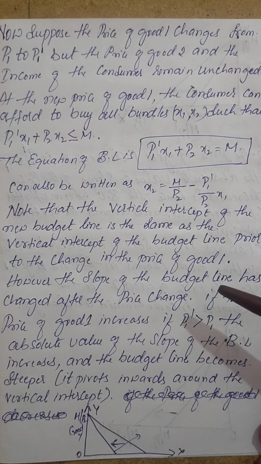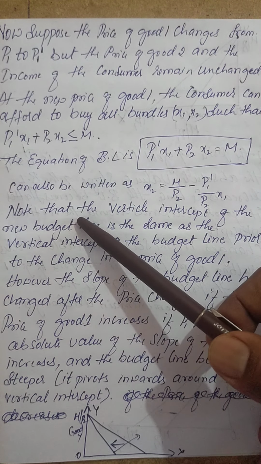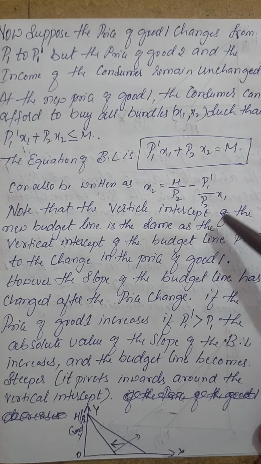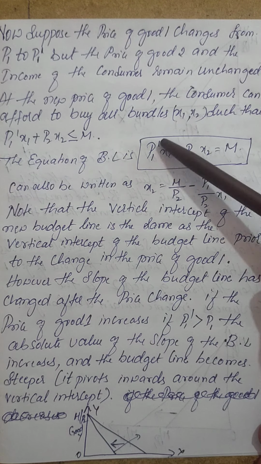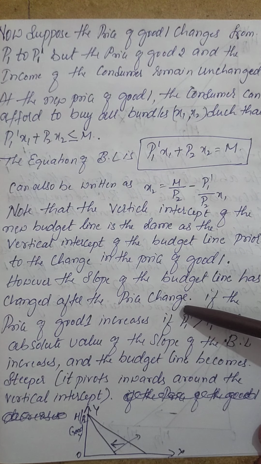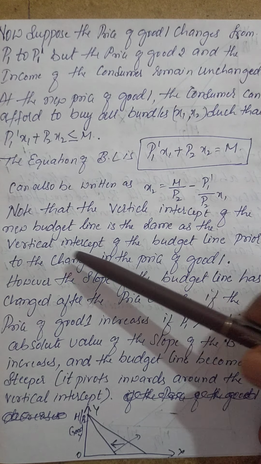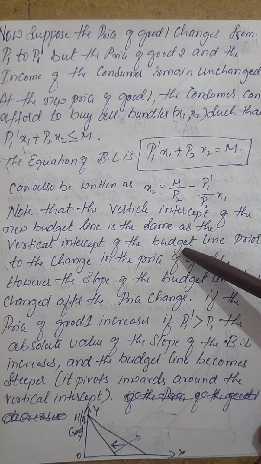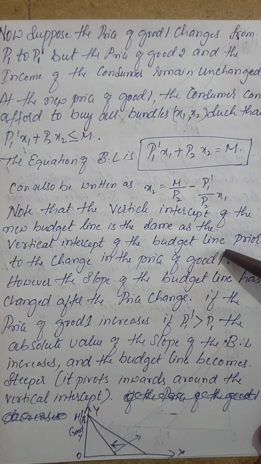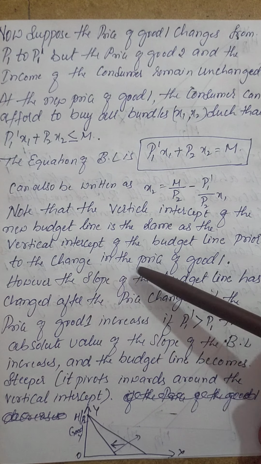Which new budget line? The one with P1 dash, the changed price. The vertical intercept is the same as that of the budget line prior to the change in the price of good 1.